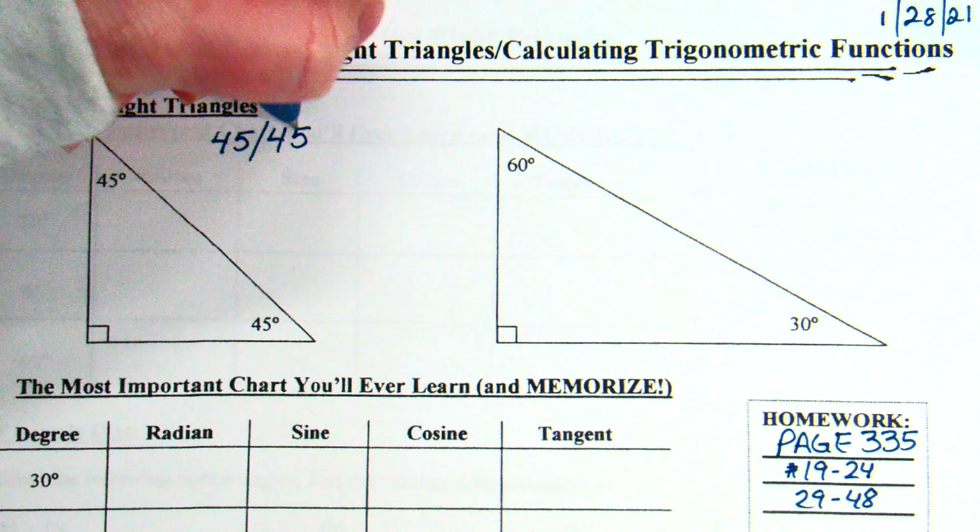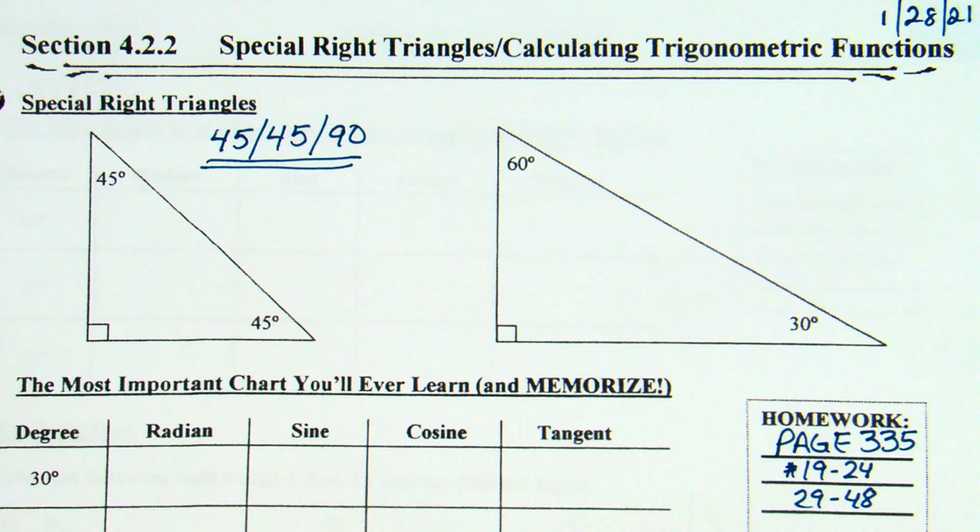Do you remember anything about the sides in a 45, 45, 90 triangle? You remember it's easier than the other one, is that what you said? Okay, I guess I could go with that. I was looking for a little more specifics. What can you tell me about the two legs?